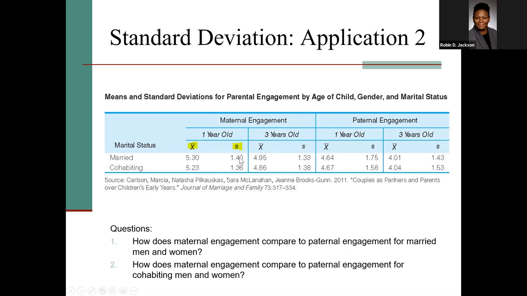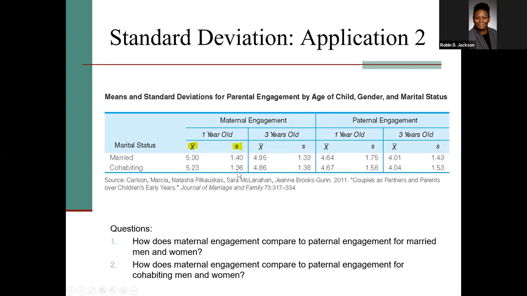That basically means there's more variation here in this particular score than there is with this one, even though it's showing us that maternal engagement is lower amongst those women that are cohabitating. It's one of those where we might want to think about the numbers again, because the standard deviation, the variation in the scores is lower, and that's going to be what we want.